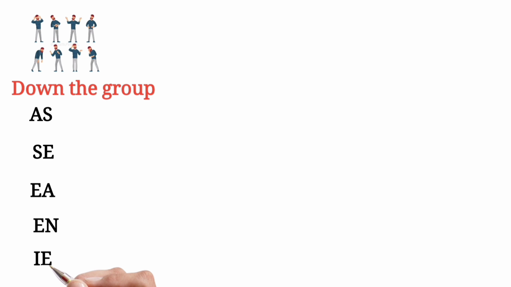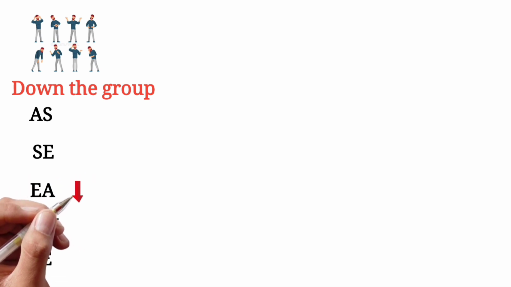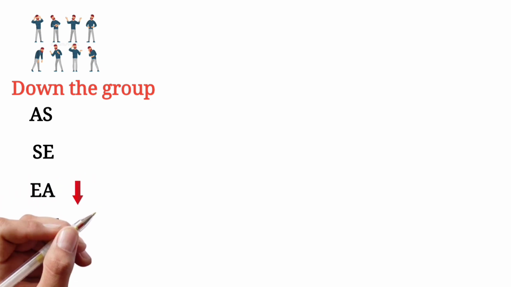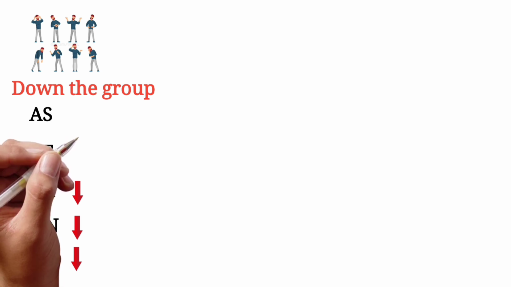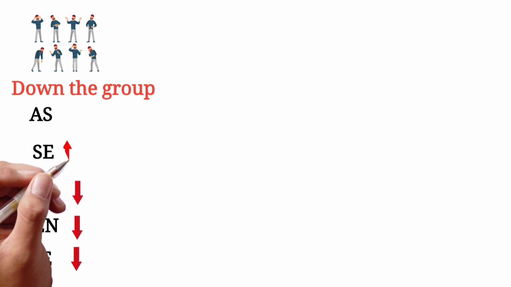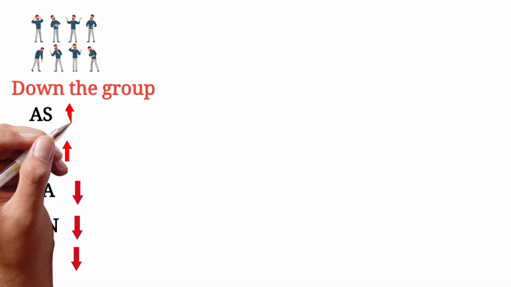I repeat, SE in this case is going to function as AS, meaning it's going to increase down the group. Our electron affinity decreases down the group, our electronegativity decreases down the group, and our ionization energy equally decreases down the group. Our shielding effect increases down the group, and also our atomic size increases down the group.